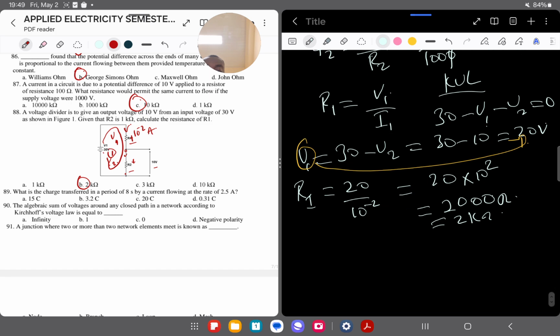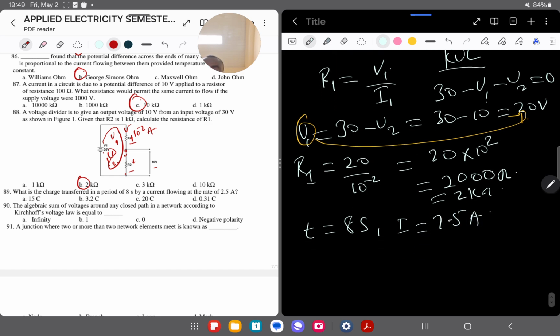Okay, so we have current, and we are interested in the charge. We are given the period, meaning time here is 8 seconds. The current is 2.5 amps. We know that current is the flow of charges, meaning charge over time, the rate of flow of charge. Since we are interested in charge, charge equals current times time.